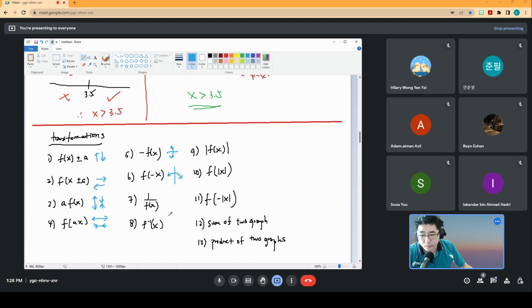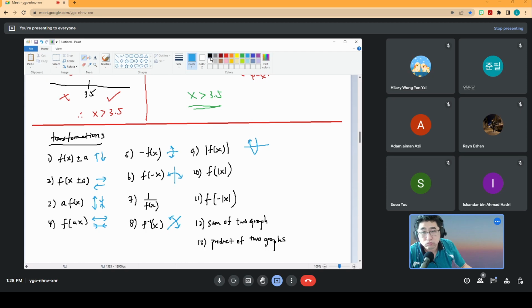Number eight, reflection in the line y equals x. Number nine, folding in the x-axis. Number ten, folding in the y-axis.